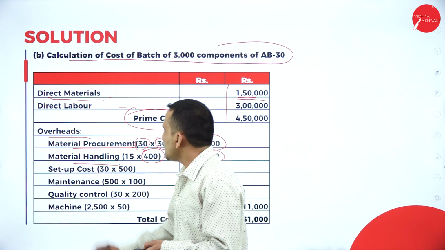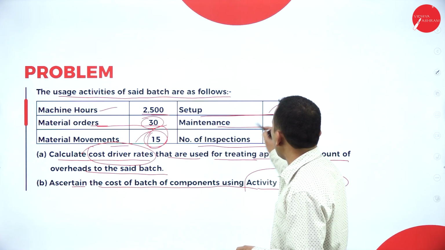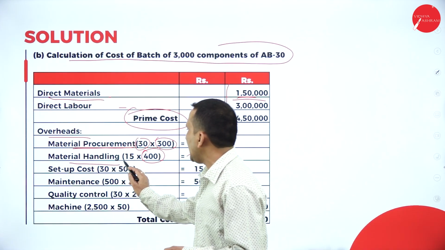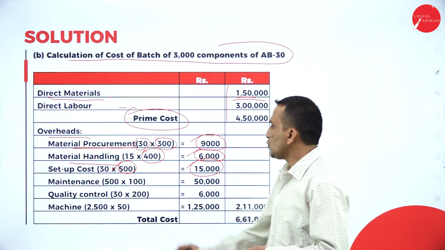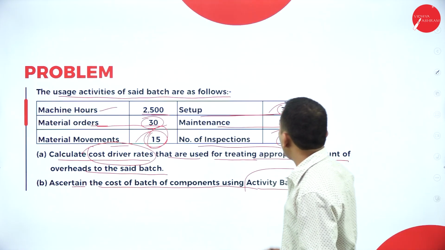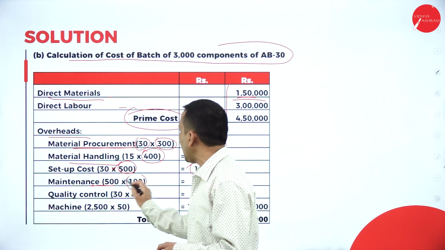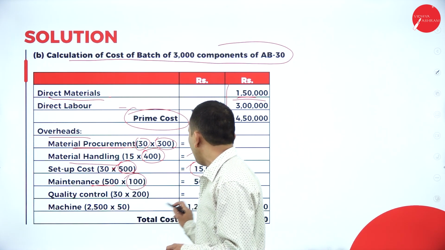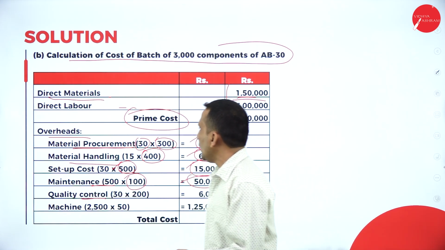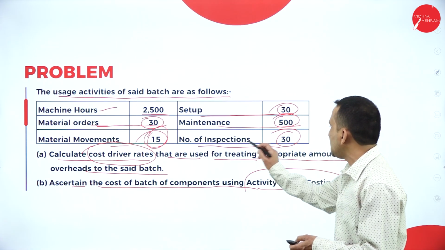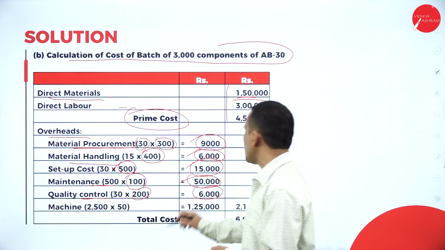Now setup: the number of setups is 30, and the rate just calculated is 500. If you multiply, we get 15,000. The maintenance given in the question is 500, and the rate calculated in the previous slide is 100, so we get 50,000. Next, quality control: the number of quality inspections is 30, so 30 into rate 200, we get 6,000.